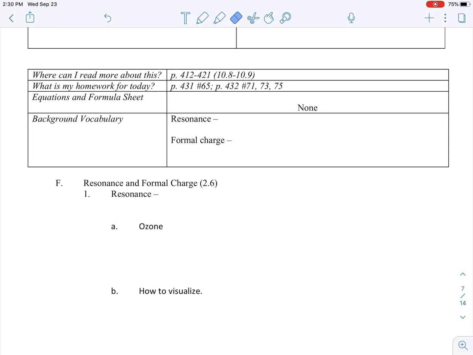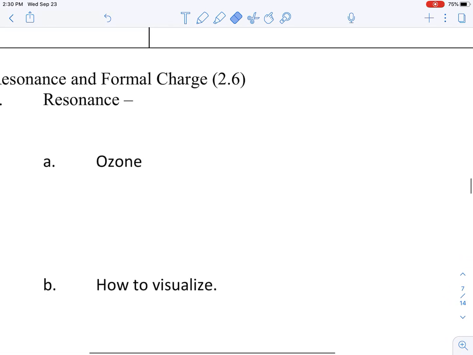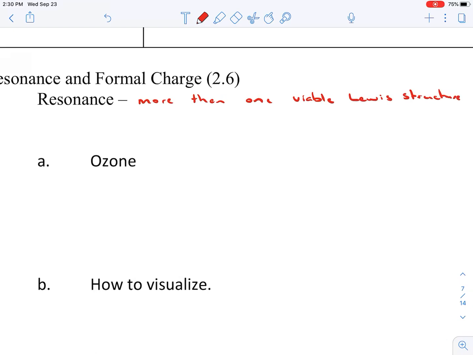We've got resonance here. Resonance is when you have more than one viable Lewis structure. And what we're talking about with viable is more than one Lewis structure that makes sense, and you're like, so why couldn't I do it this way?